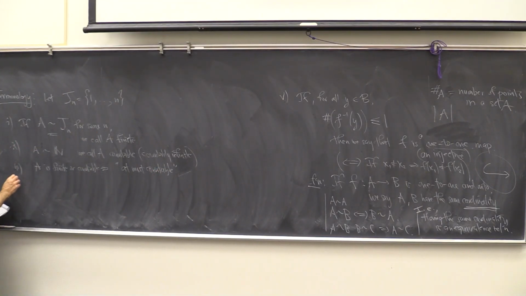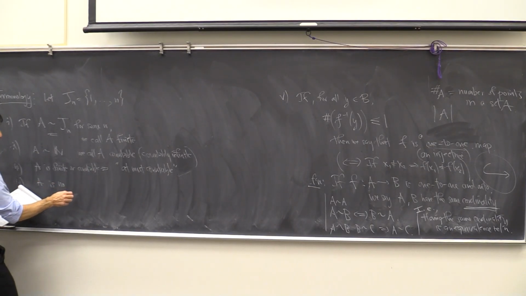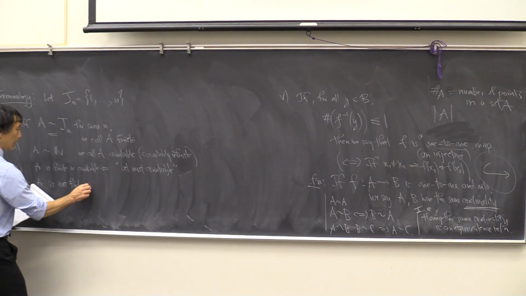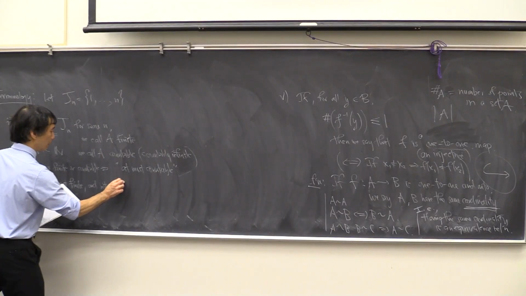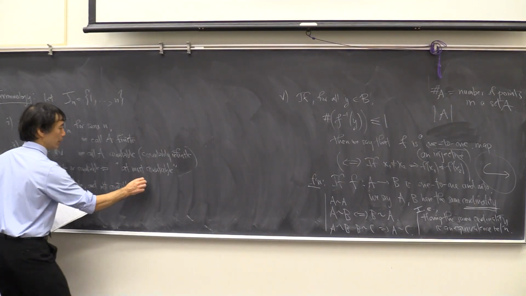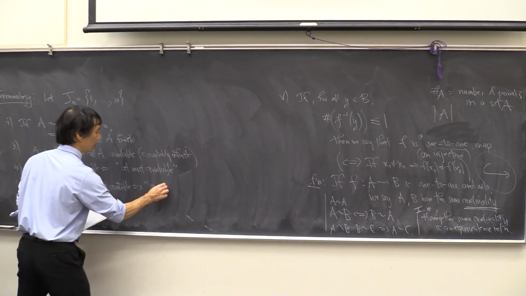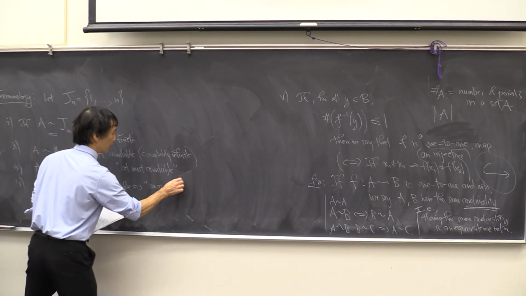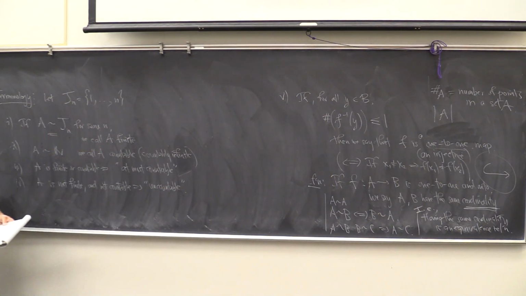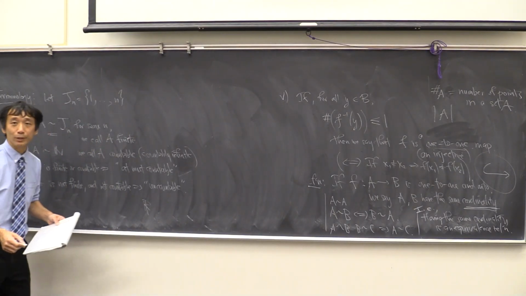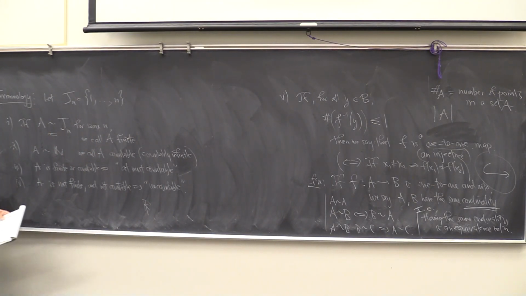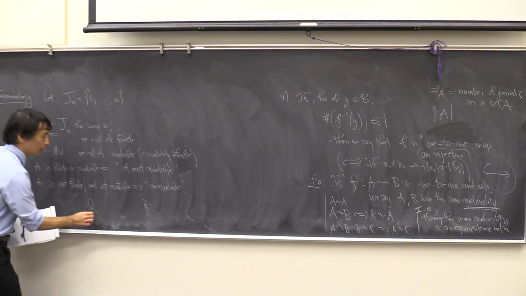And four, if A is not finite and not countable, then we call it uncountable. What we'll see is that the real numbers are uncountable, and the rational numbers are actually countable.